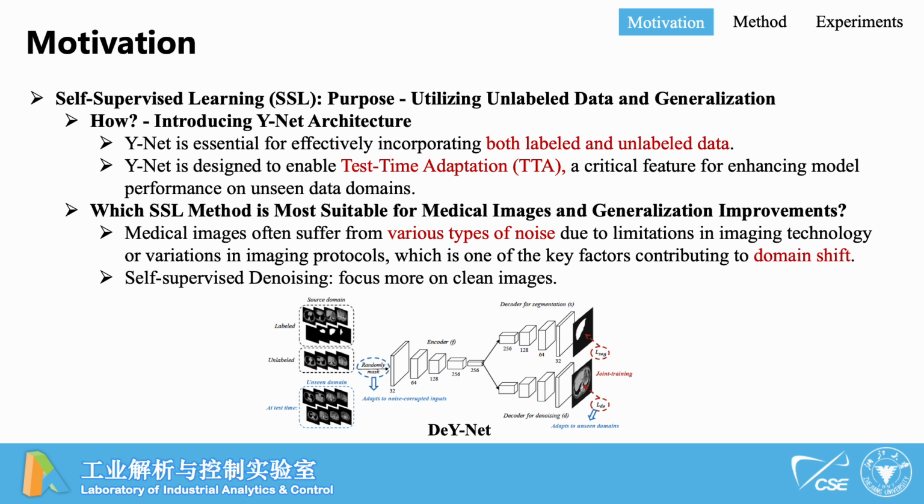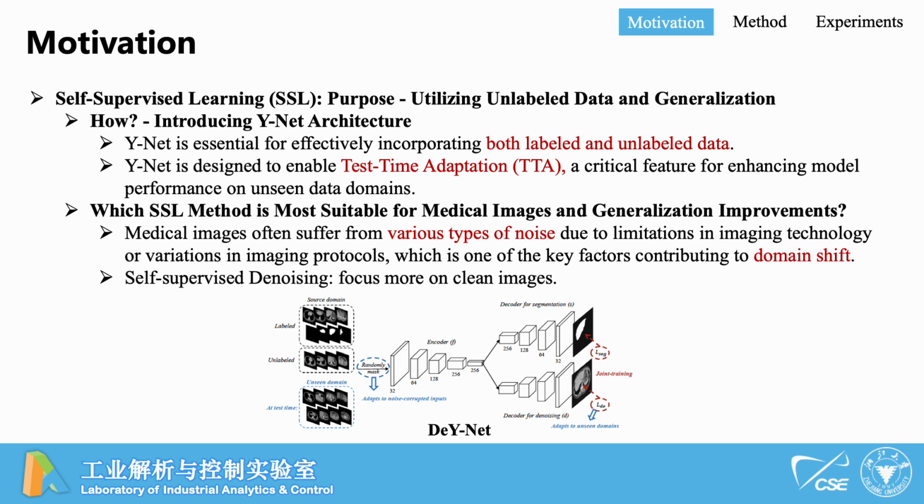So, how to integrate the self-supervised learning? We introduce a Y-shaped framework, one branch for the original segmentation and another branch for the self-supervised learning. In our context, the Y-shape serves a dual role, using the potential of unlabeled data by the self-supervised branch and enhancing the model performance on unseen domains.